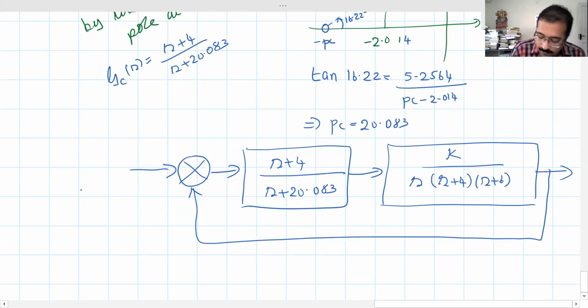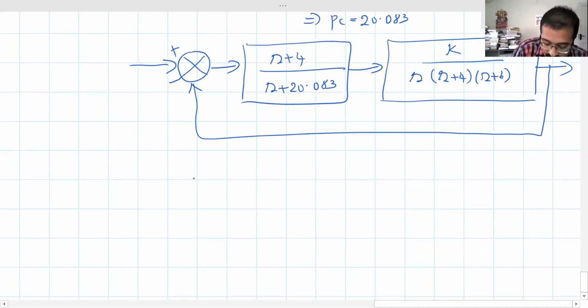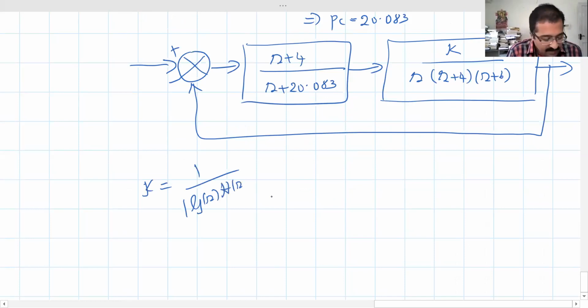Fine. Now what next? We have to calculate the value of gain K. How? By using the magnitude condition. K is 1 divided by mod GH of S at the desired dominant pole. The desired dominant pole is -2.014 plus j5.2564.